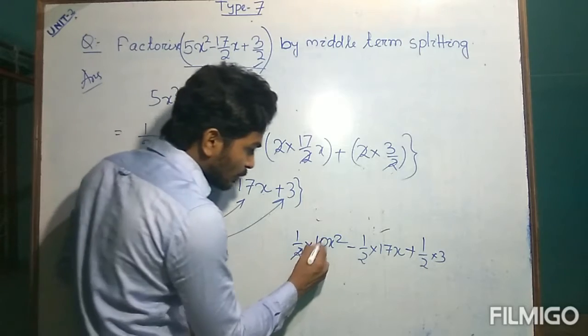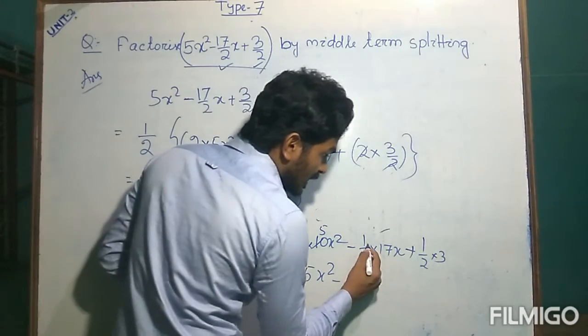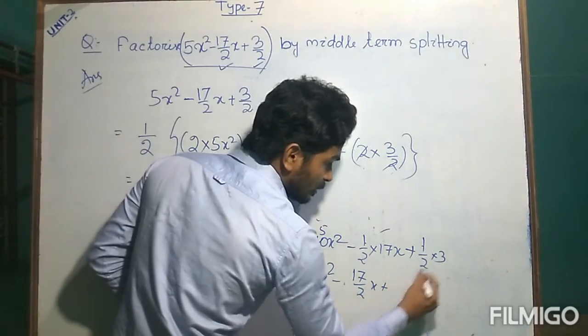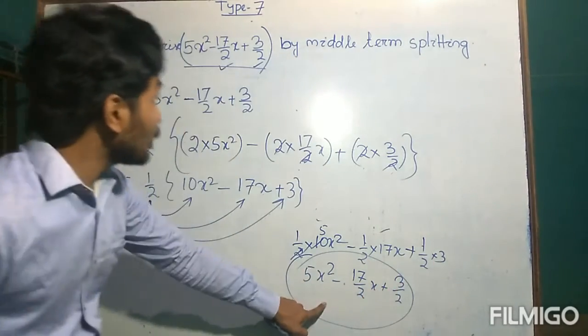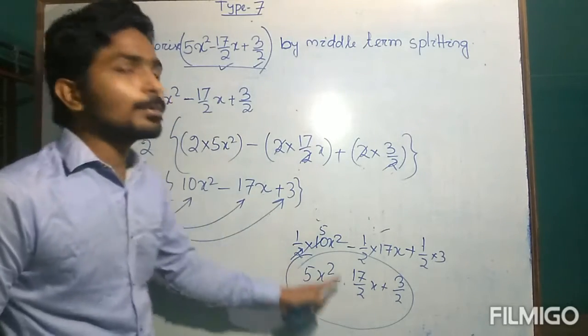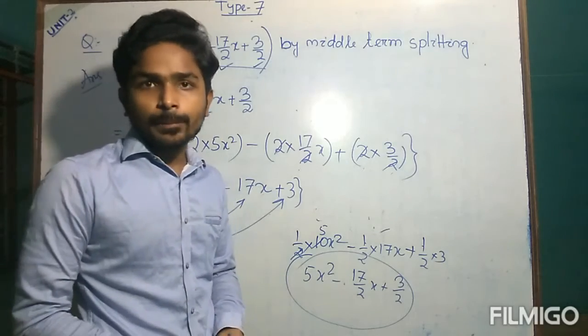So 2 fives, how much is it? 5x square. 1 into 17 is just 17 by 2x. 1 into 3 is just 3 by 2. Now you see, this quadratic polynomial and this quadratic polynomial are completely equal after multiplying half with all the terms.